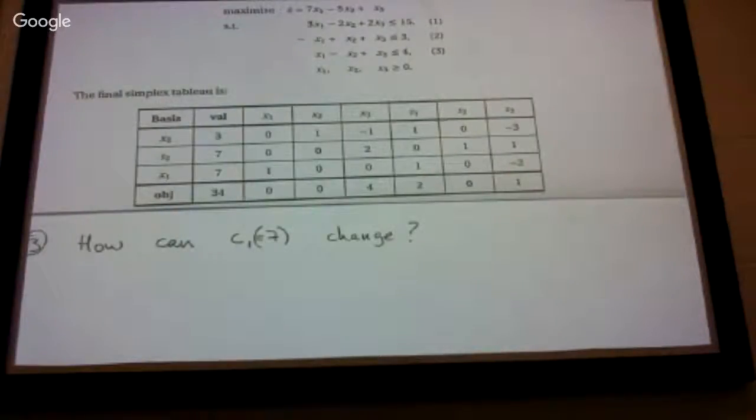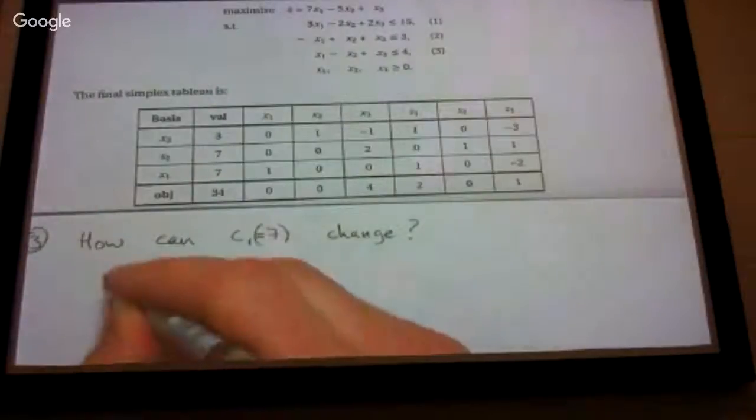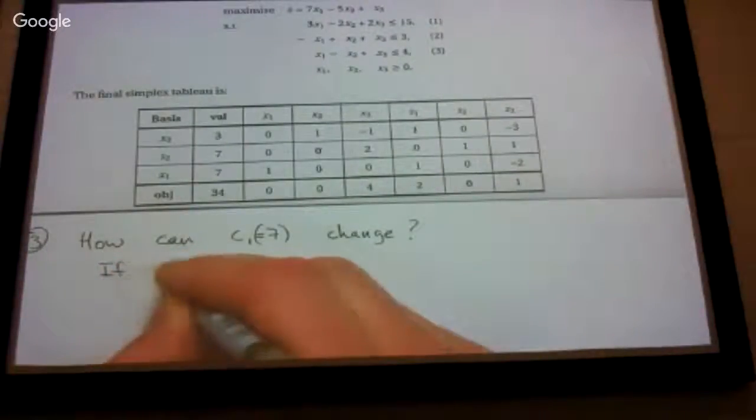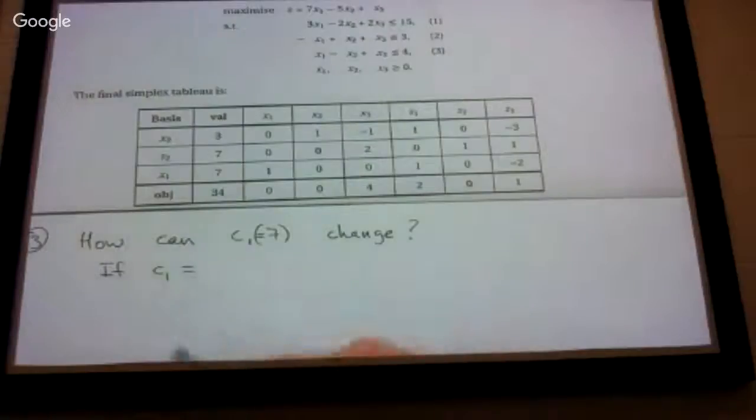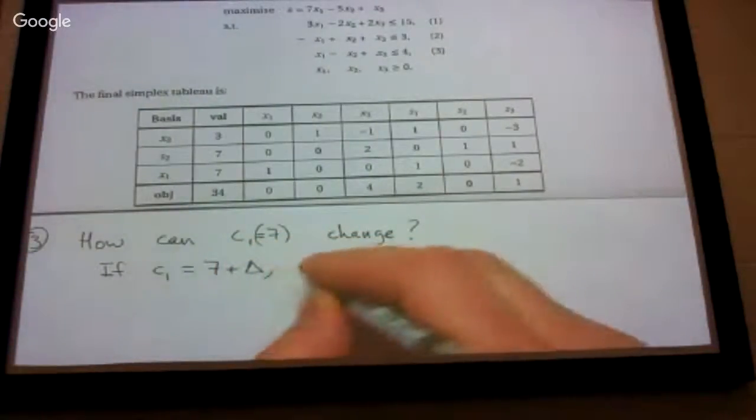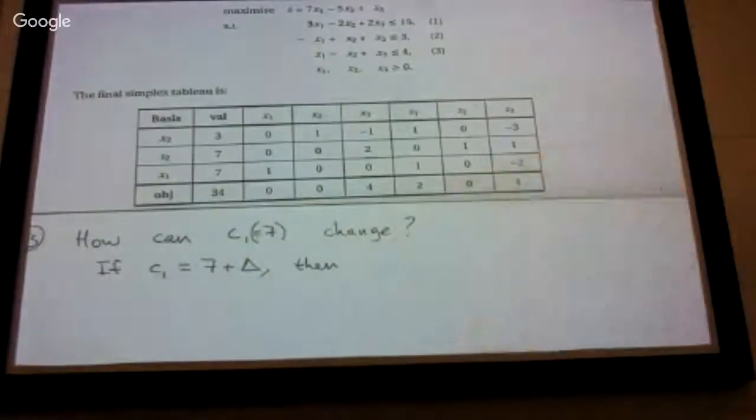What changes if C1 is not 7, but it's 7 plus delta? What changes in the tableau?